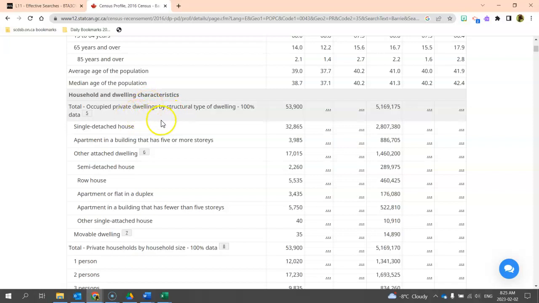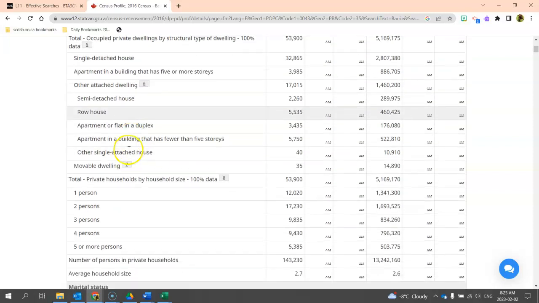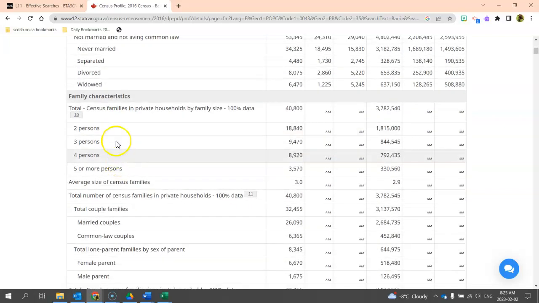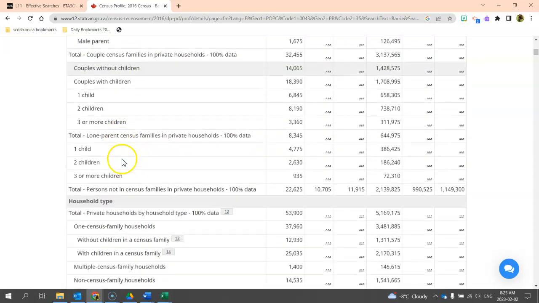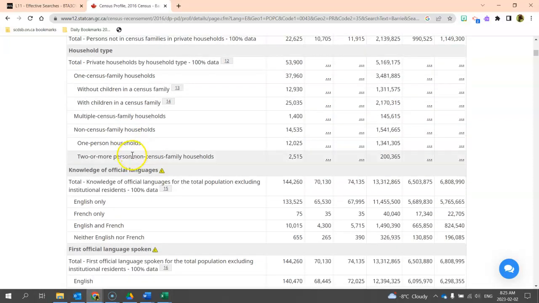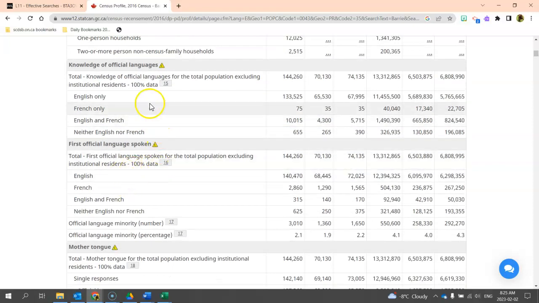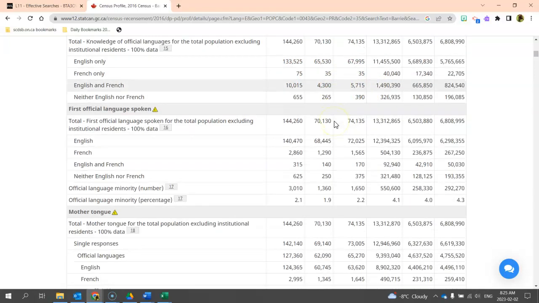Household and dwelling characteristics. So you've got apartments, semi-detached, row homes. So they break down those things. Breaks down marital status between people, family characteristics, household type, languages, very important. You can see in Barrie, there's not very many French only households, but English and French is not too bad.